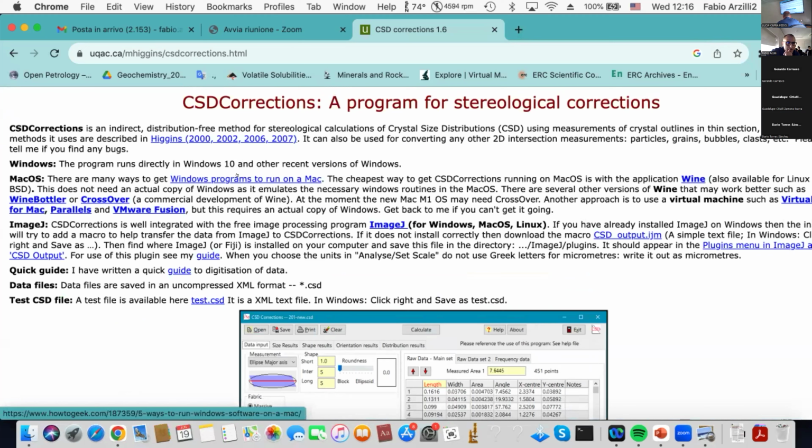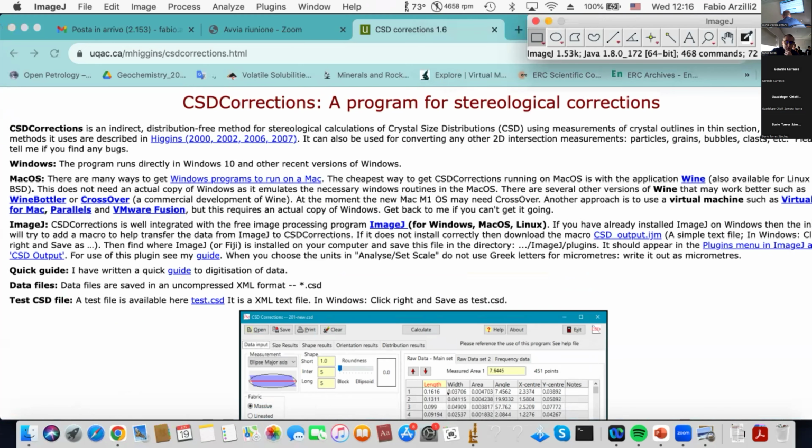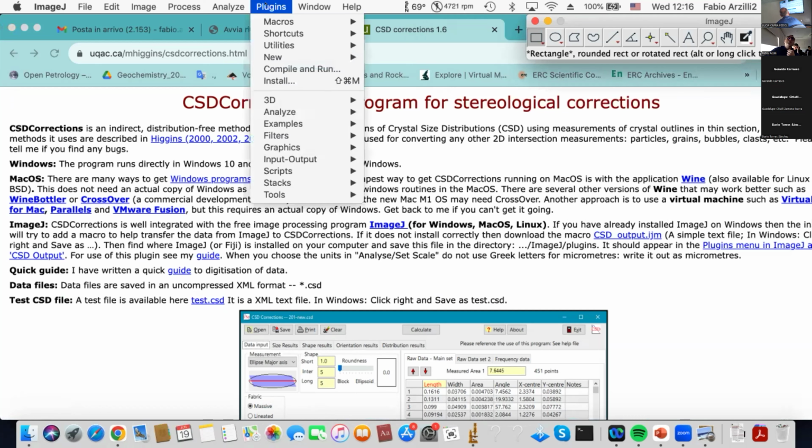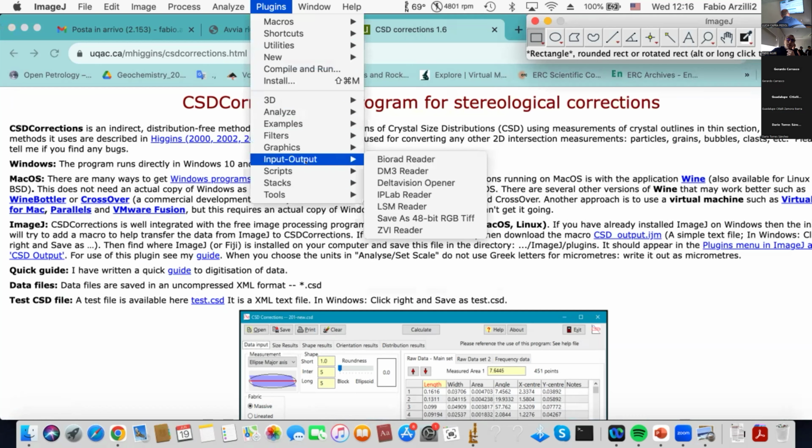So yes, you have to download ImageJ, of course. ImageJ is this, and then there is CSD Output, which is a plugin for ImageJ. I don't remember if I have it here or not, but if you go to plugins, it should appear here. I don't have it in this version.